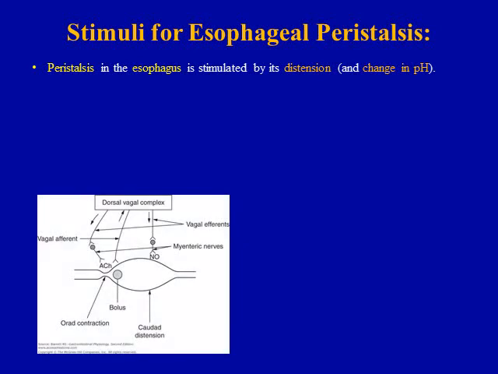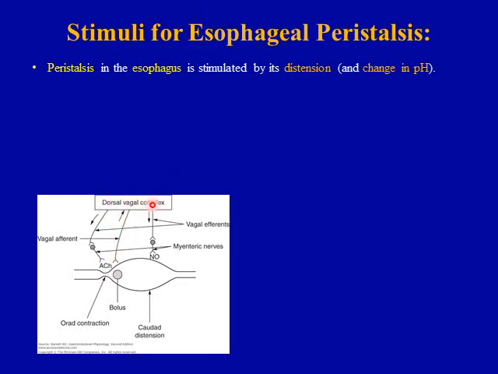So what stimulates esophageal peristalsis? Peristalsis in the esophagus is stimulated either by distension or by chemicals, and when we talk about chemicals, we mean mainly the pH, the acid from the stomach. These mechanical or chemical stimuli will stimulate, as you see here, a visceral sensory fiber that will carry the information to the dorsal vagal complex in the central nervous system as part of the long reflex.